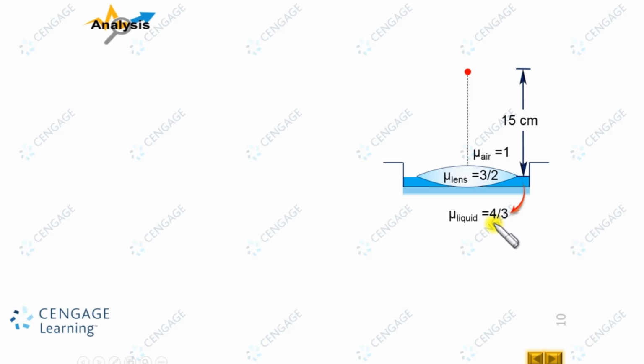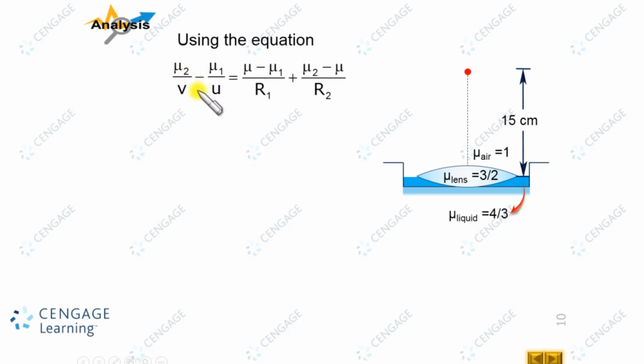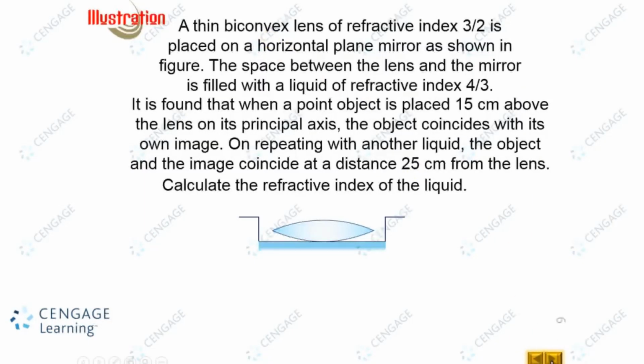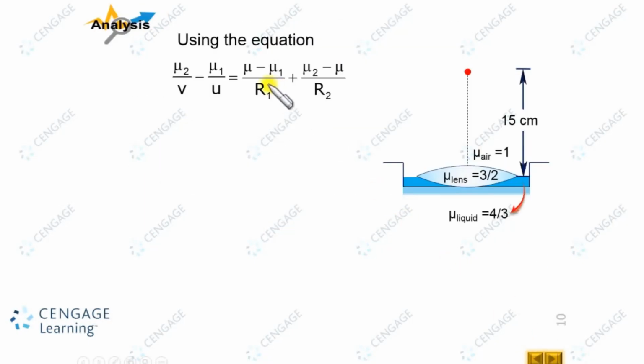That means in this particular case, the thin lens formula is not applicable. We need to use this formula which we have learned now: mu2 divided by V minus mu1 divided by U equals (mu minus mu1) divided by R1 plus (mu2 minus mu) divided by R2. In this formula, we need to put the values of radius of curvature of the first and second surface.